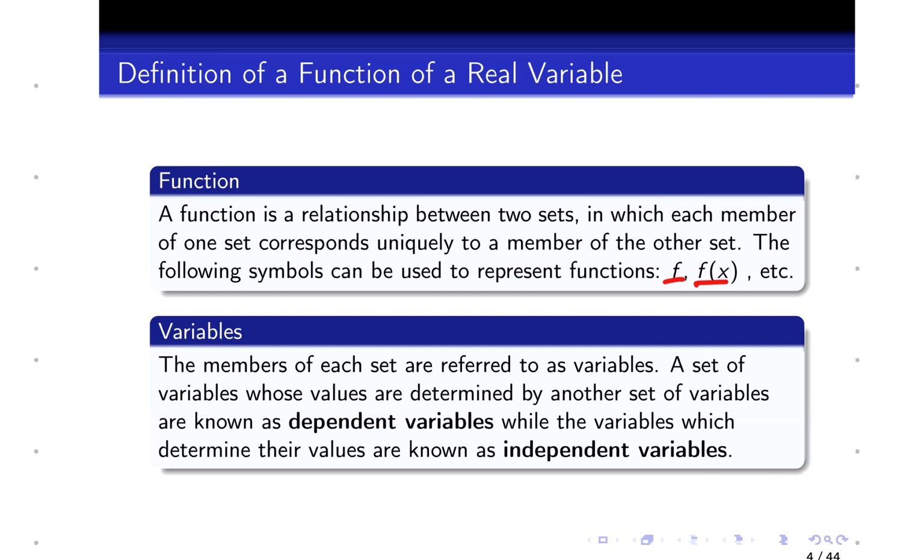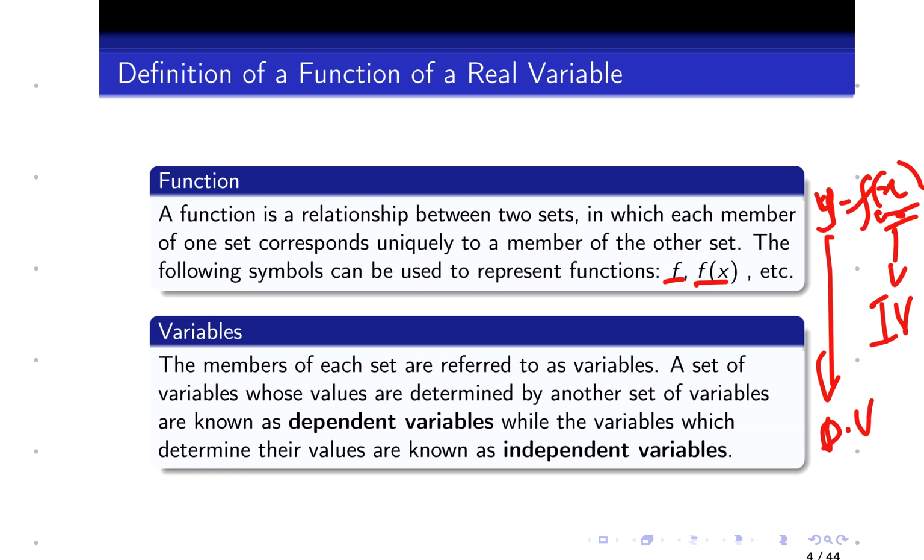Generally speaking, when you say y equals f of x, what you're simply saying is that you have a set of variables called x, which end up determining what y would be. So in that case, x will be your independent variables, and your y, which depend on x, are your dependent variables. That's really important to understand. So that's basically the idea of a function.